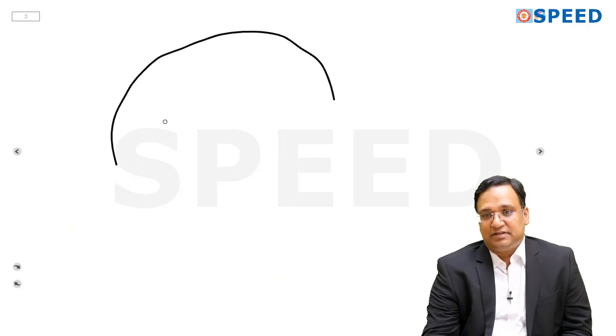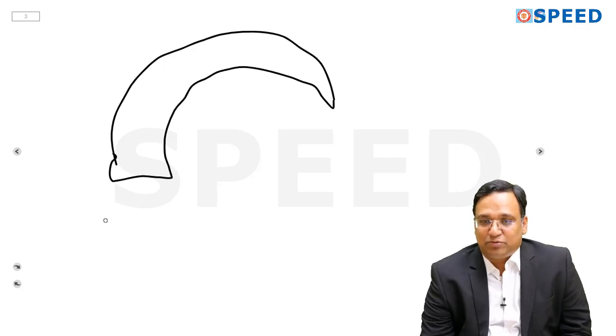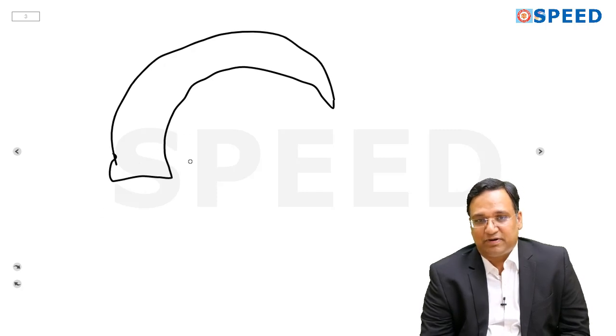The superior sagittal sinus starts from the crista galli anteriorly and ends posteriorly at the internal occipital protuberance. This is the falx cerebri, and this is the tentorium cerebelli.